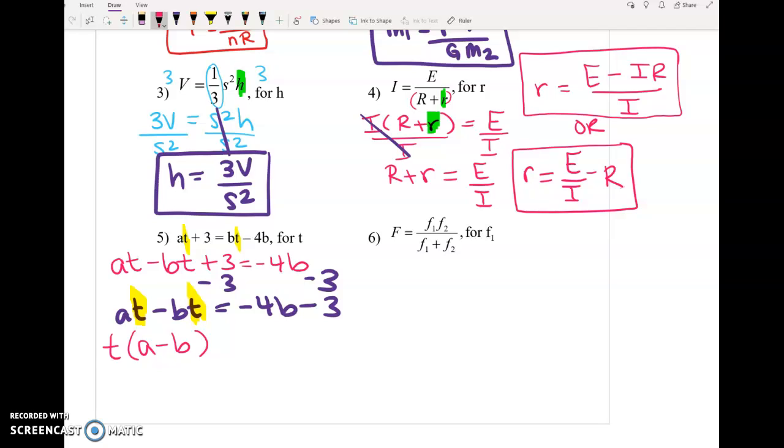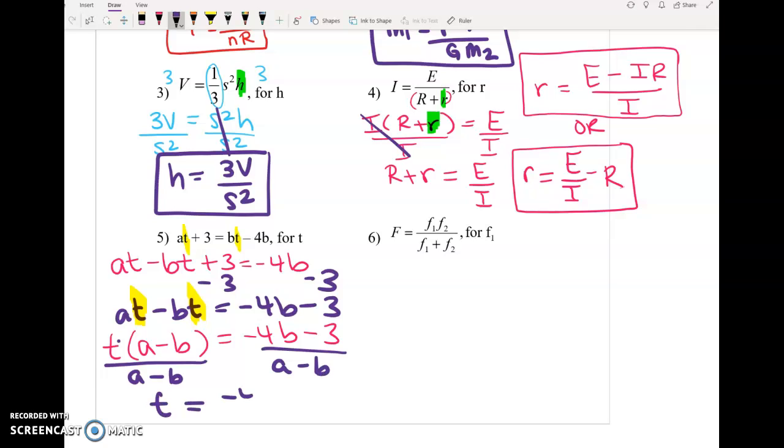If we were to distribute this back, we would get a times t and negative b times t. Order does not matter for multiplication because it's commutative. So ta is a times t, and negative bt is negative b times t. Now we have t in one location instead of two, and the operation between t and a minus b is multiplication. So to get rid of a minus b, we're going to divide both sides by a minus b.